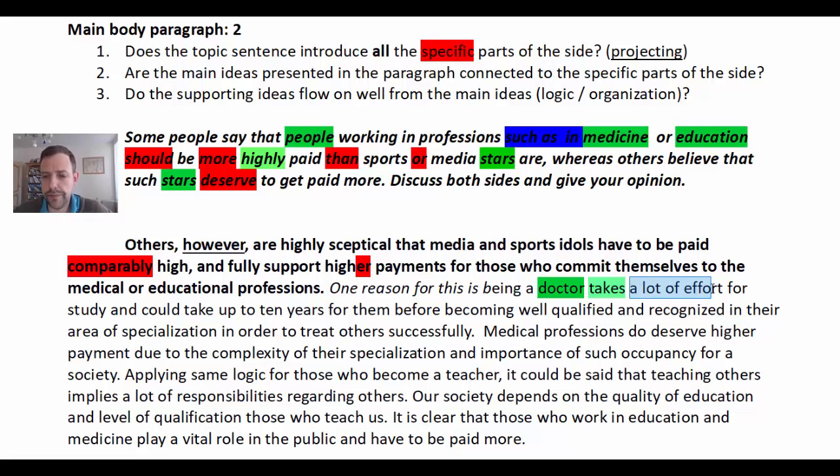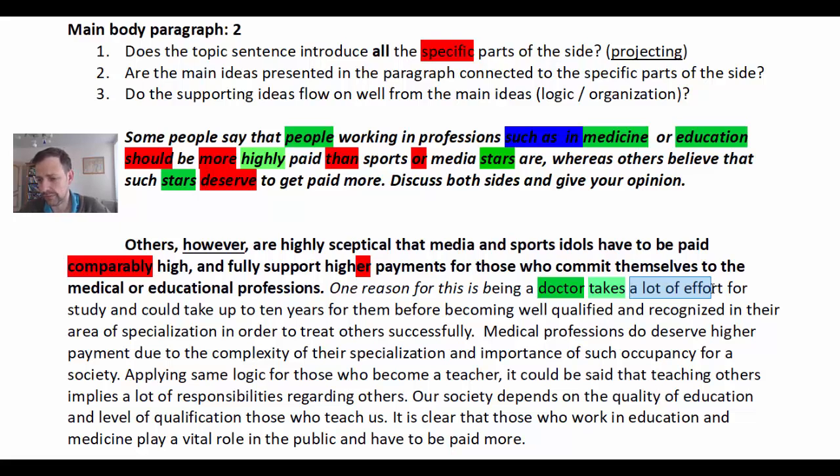Thinking about the other side, the previous paragraph about sports and media stars, I mean, to reach an elite level in sports, it takes a lot of effort. So when it comes to the third question, do the supporting ideas flow well from the main ideas in terms of logic and organizational logic?